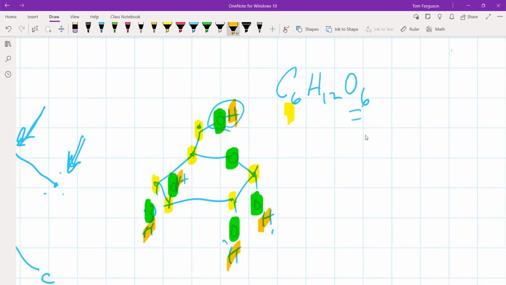That means the other hydrogens are hanging off of this carbon, this carbon, this carbon, this carbon, this carbon, and this carbon. So there's 1 here, 1 here, 1 here, 1 here, 1 here, 2 here. So that's 7 hydrogens there. If we count the rest of them, we'll end up at 12.